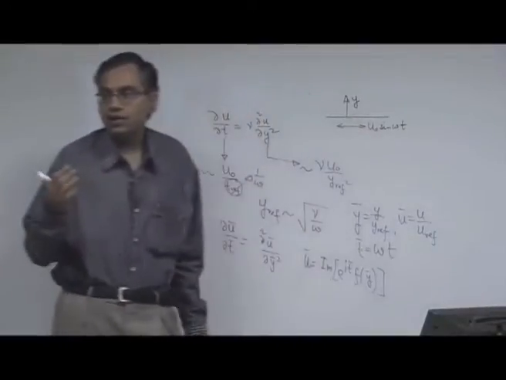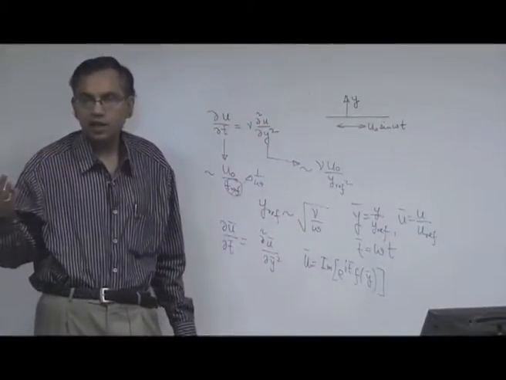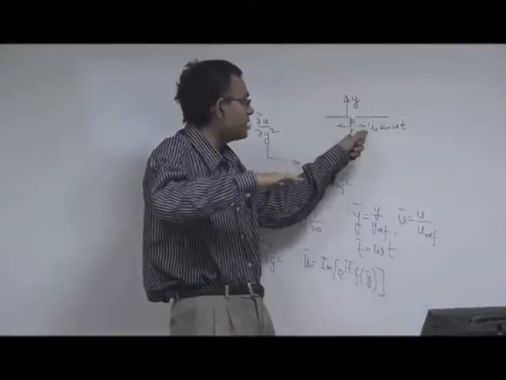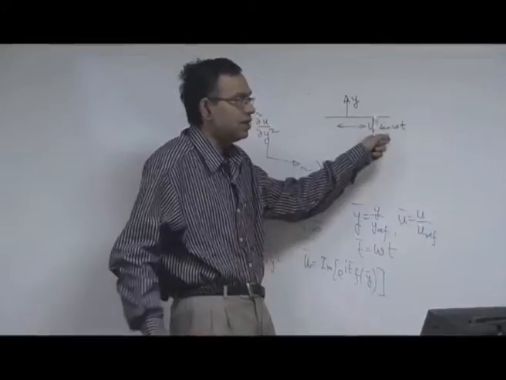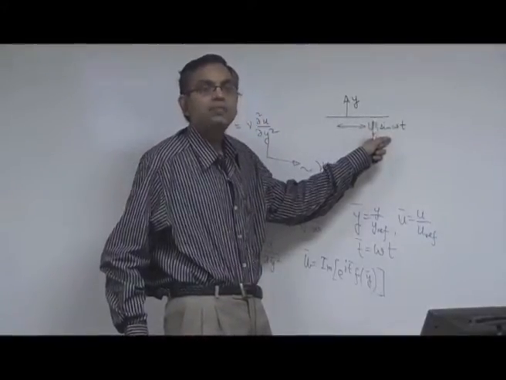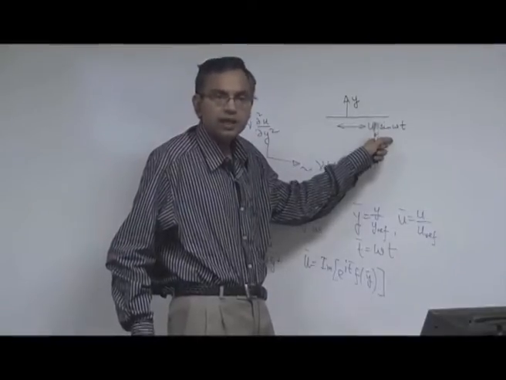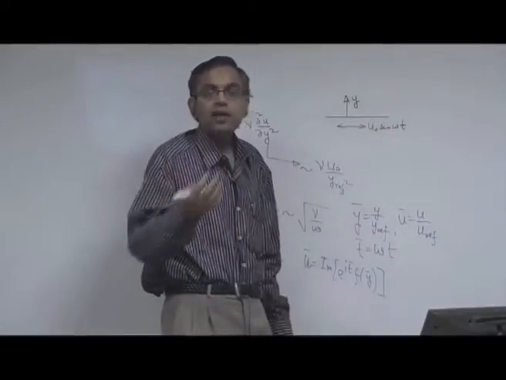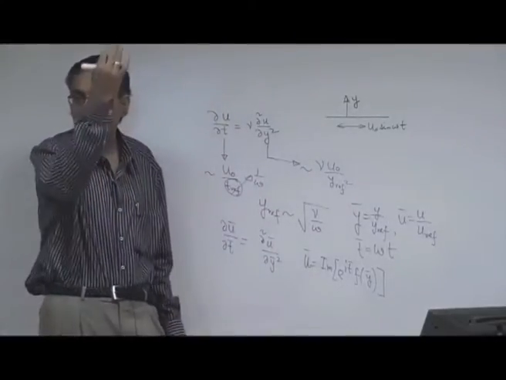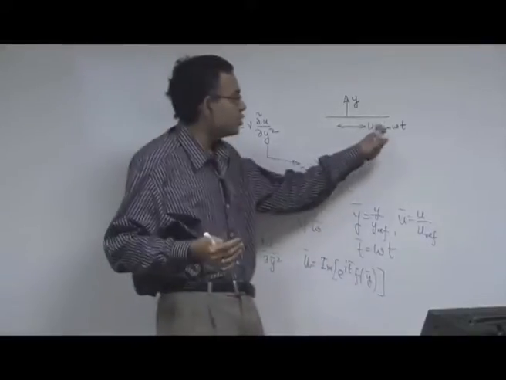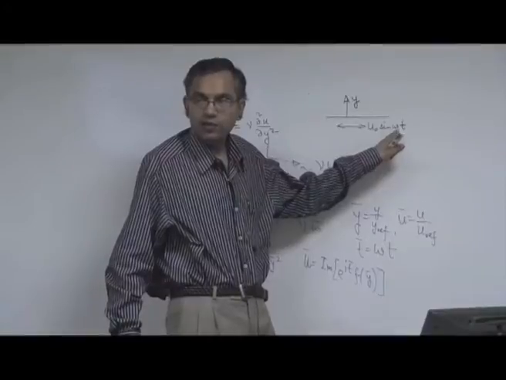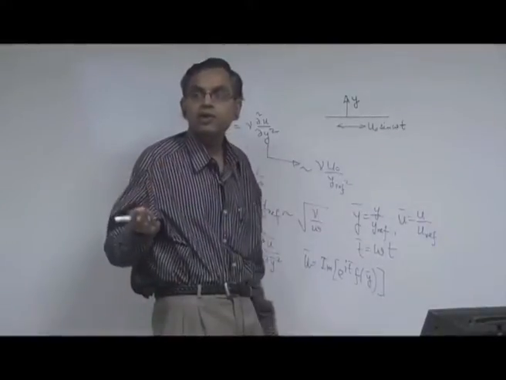The resultant velocity will be representative of the signature of this type of variation, but with certain modifications. There will be some decay in the amplitude expectedly because of the dampening effect of the fluid. There should be some decay in the oscillation as you go along y, and there should be a phase shift from this sin omega t.